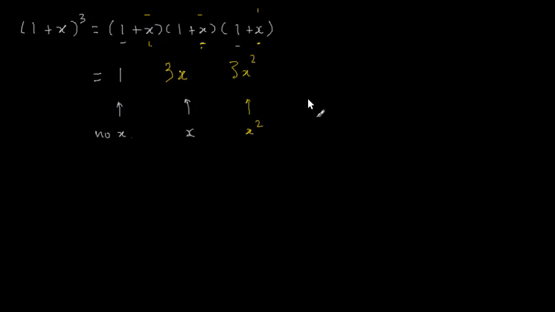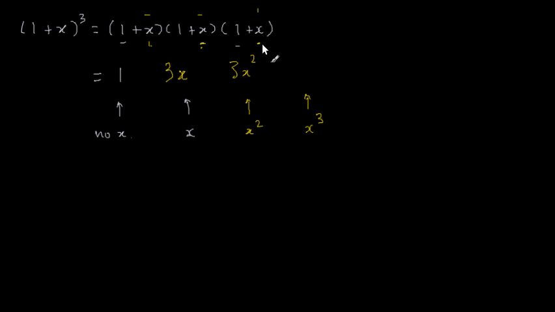So finally, think about how many ways we can pick a combination that would give me x cubed. I need to pick an x from three of the brackets. But there are only three brackets in this example, so I have to pick an x from here, here, and here. And that's it.